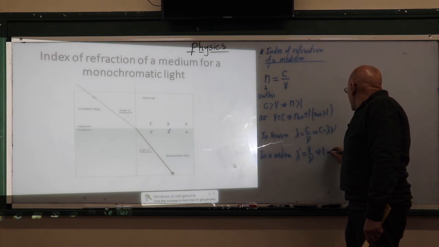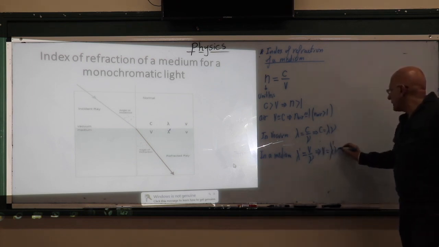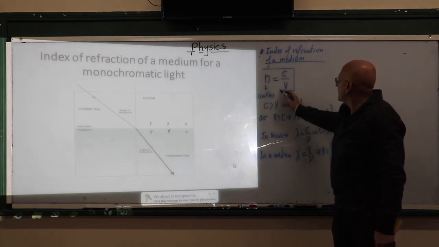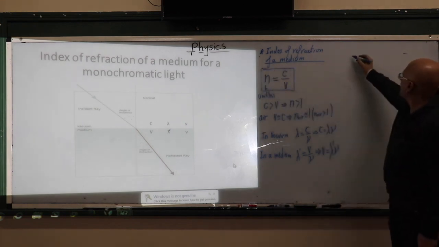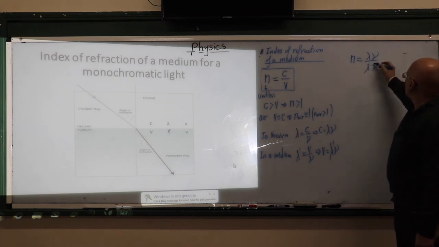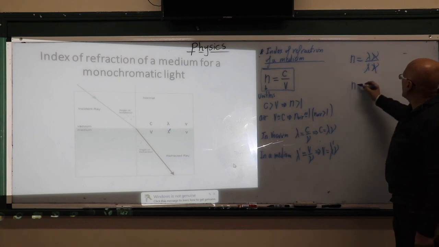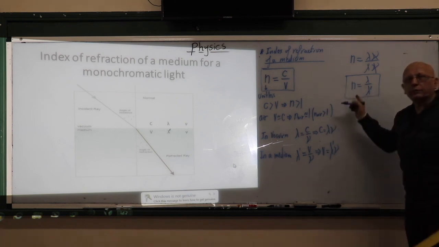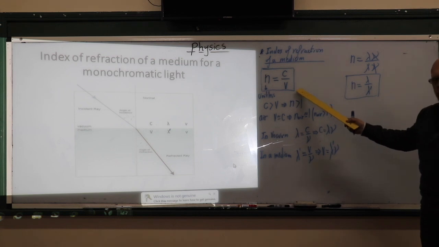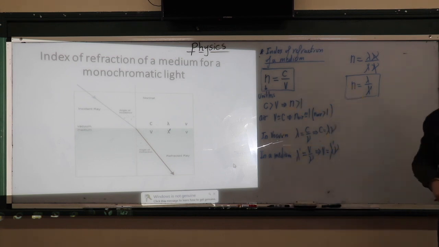This implies v equals lambda prime times nu. Substitute in the definition of the index of refraction, you get n equals lambda nu over lambda prime nu. So nu cancels with nu, and you get lambda over lambda prime. This formula should be proved when used. Okay, you prove it in this way, starting from here to reach this one.